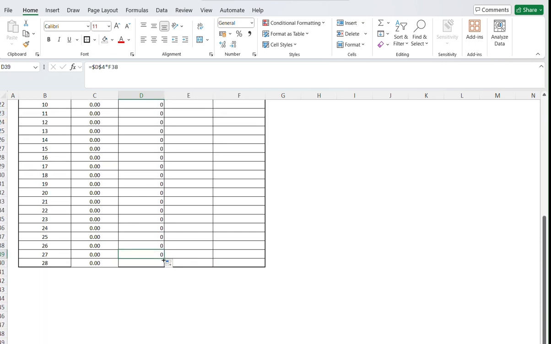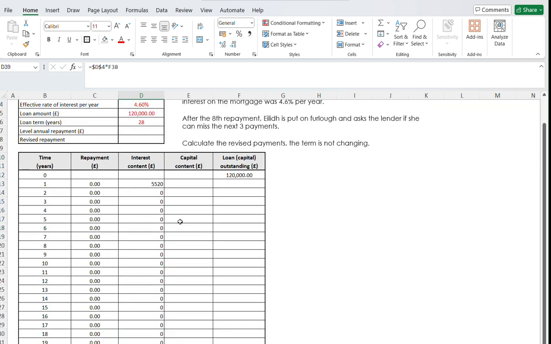Oh, we missed one. There we go. Our capital content is what's left from our level payment, take away our interest content. Okay, so again, that's going to be the same all the way down.